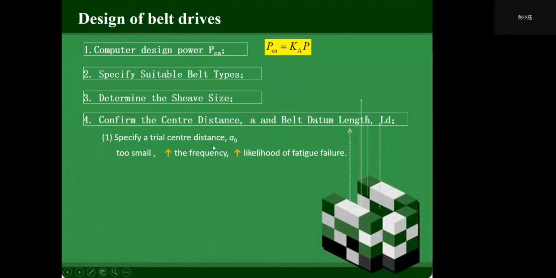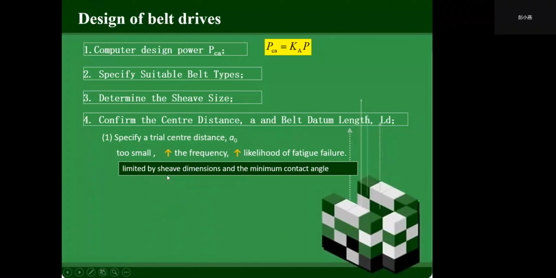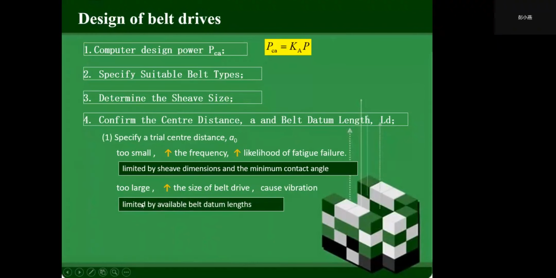If A0 is too small, it will increase the frequency of bending and increase the likelihood of fatigue failure. A0 is limited by sheave dimensions and minimum contact angle. If it's too large, it will increase the size of the belt drive and cause vibration, so it's limited by the belt's datum length.